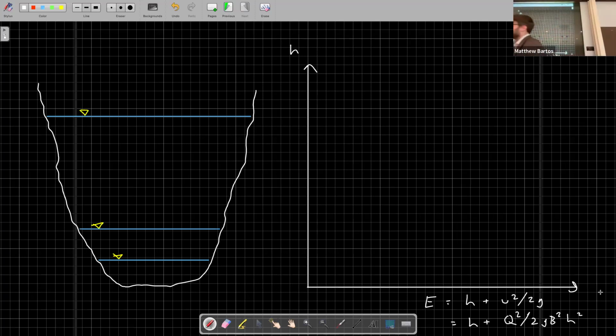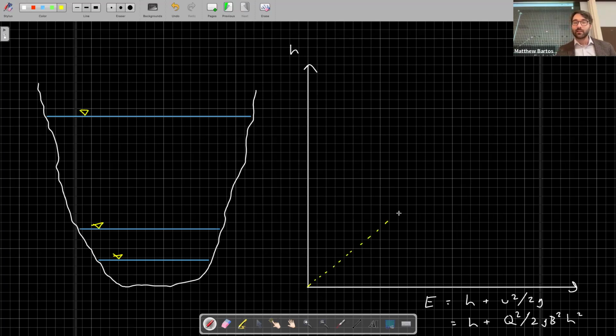So for a constant discharge and a fixed geometry, the specific energy will just be a function of the depth. So let's go ahead and plot out the specific energy corresponding to each of these depths.